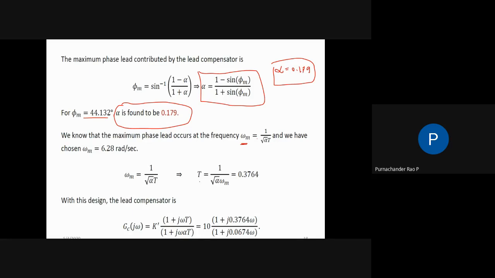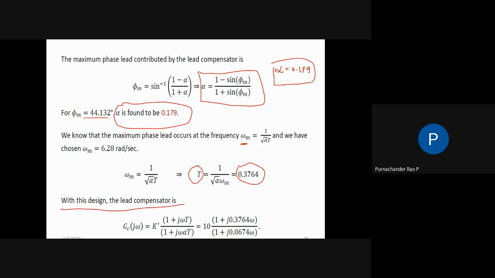Alpha is 0.179. From that we get the time constant T, which will be equal to 0.3764.